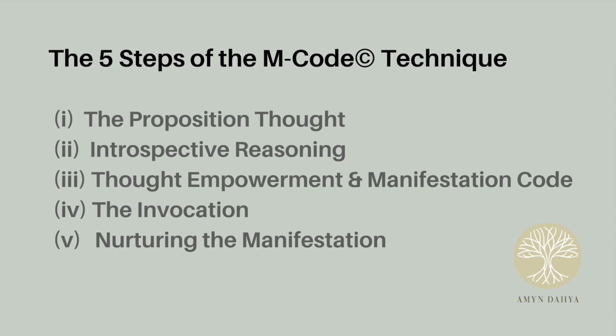Now, furthermore, we must remember 2 fundamentally important requirements for manifestation. The first one is patience. Let it be. We have to let it be. We need to place our faith in nature that our response will follow at the right time. So we have to be patient.